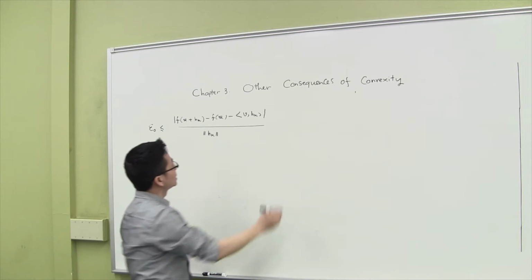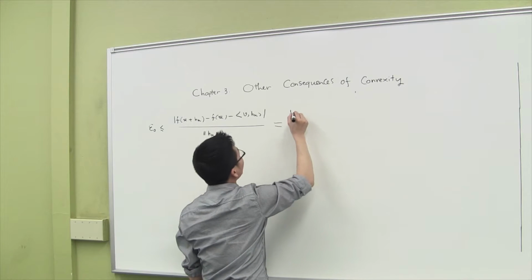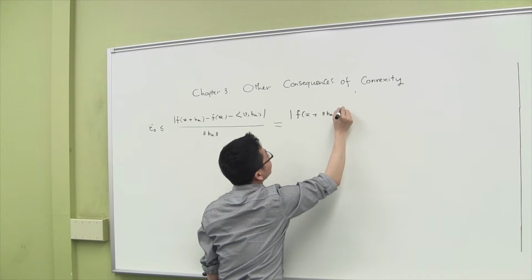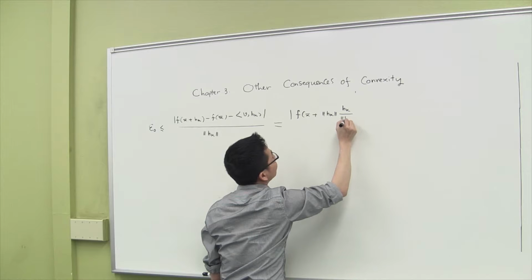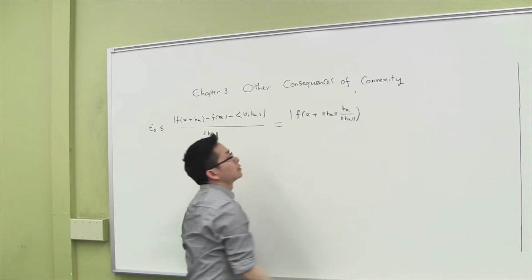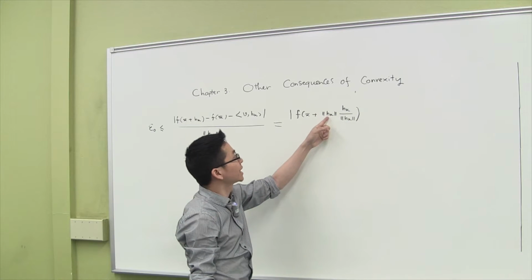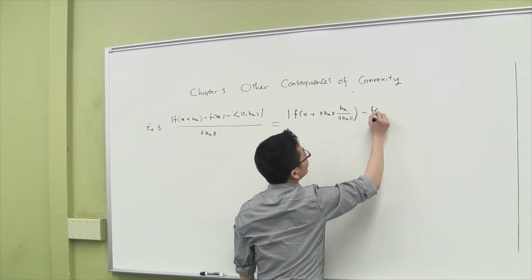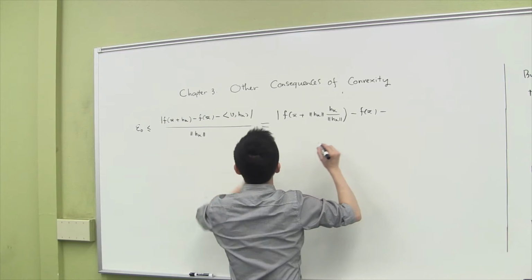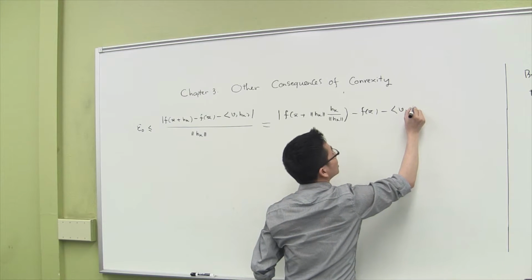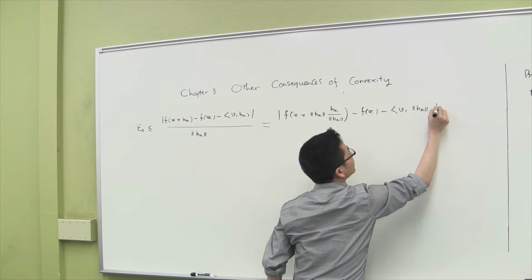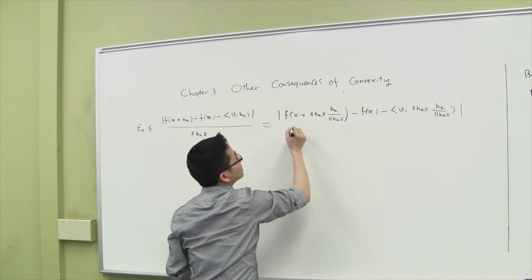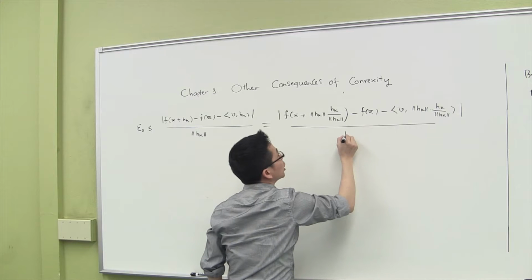This is equal to the absolute value of f of x bar plus norm of hk times hk over norm of hk, which is still hk because we can simplify, minus f of x bar, and similarly the inner product of v and norm of hk times hk over norm of hk, and everything is divided by norm of hk.